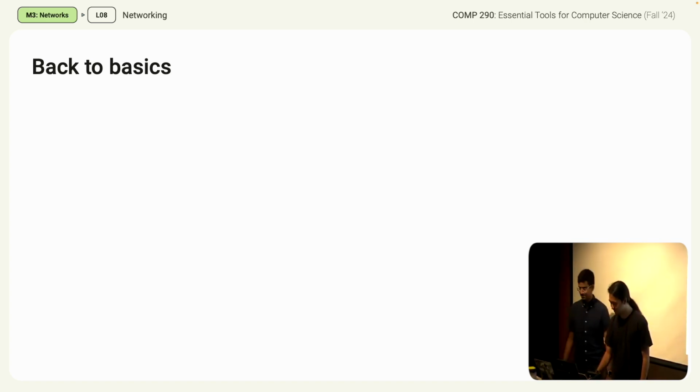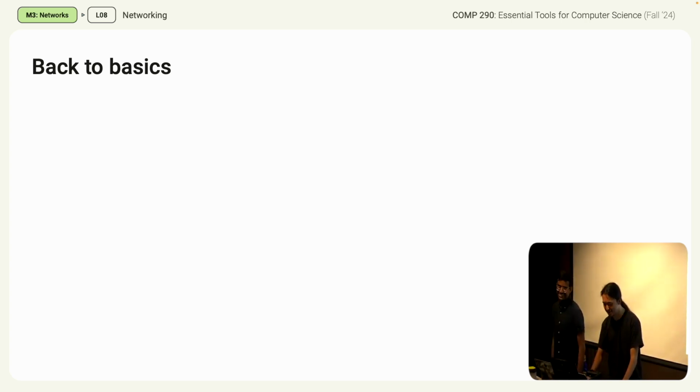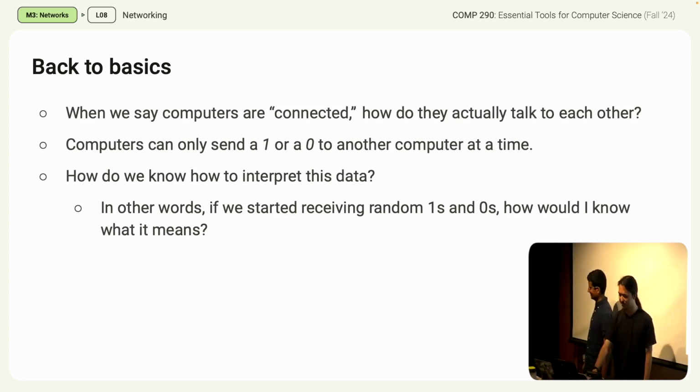I also took computer science principles, and we did not talk about this. So hopefully, this will be a solid building block for building up.